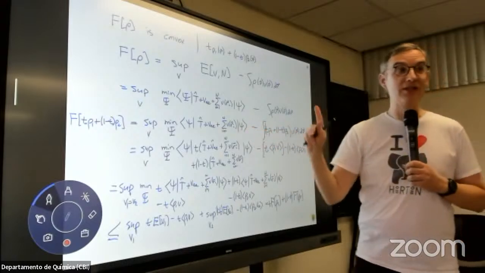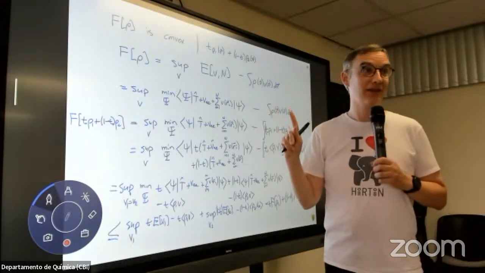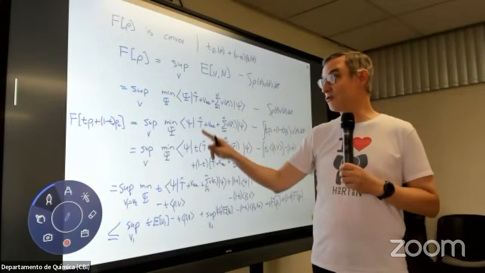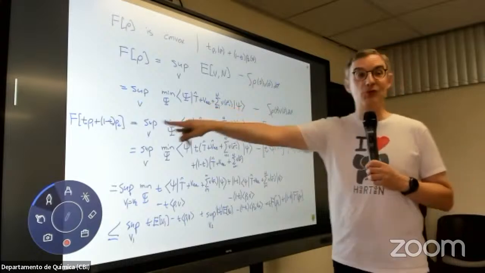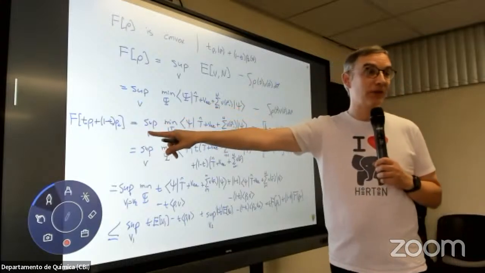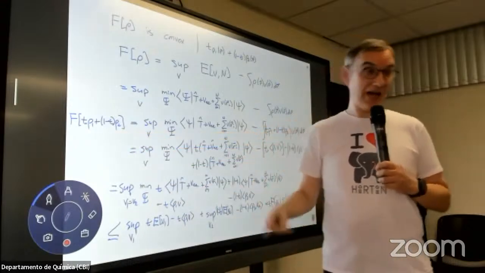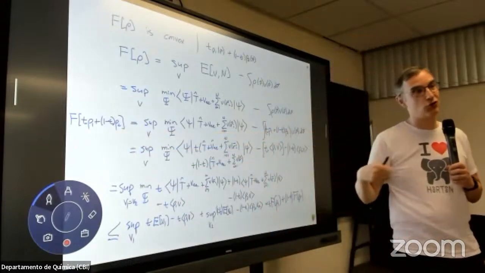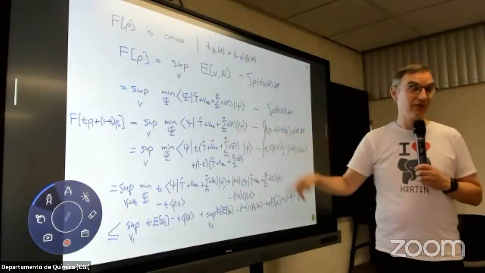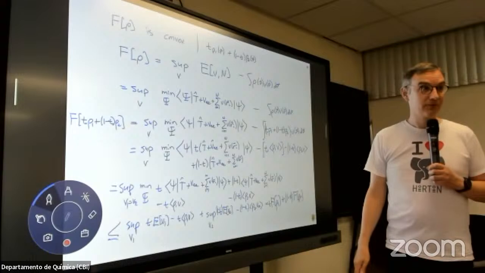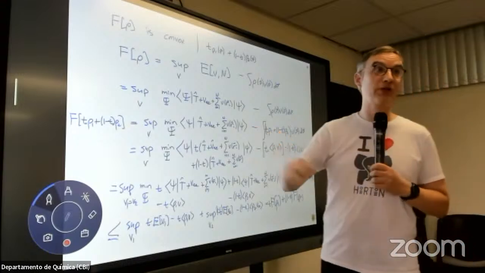So this is the Legendre transform. At the conclusion of this procedure, the psi gives me this density, only at the end, only at the supremum. This isn't a constrained search. This is the Legendre transform, so the constraint is relaxed. This is not psi that gives rho; it's a search over all psi.